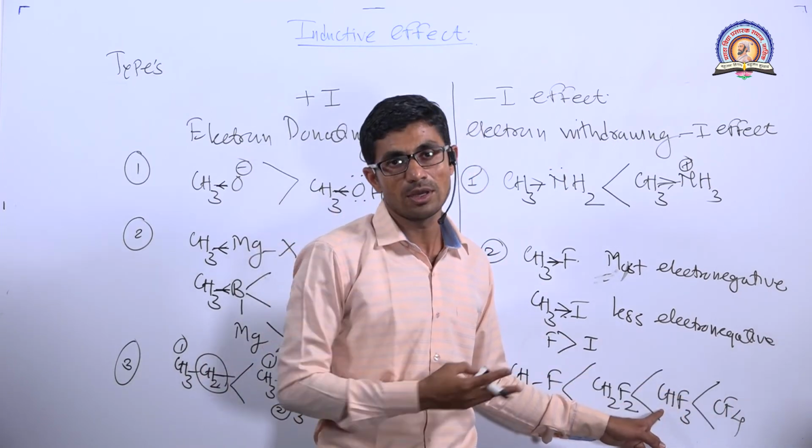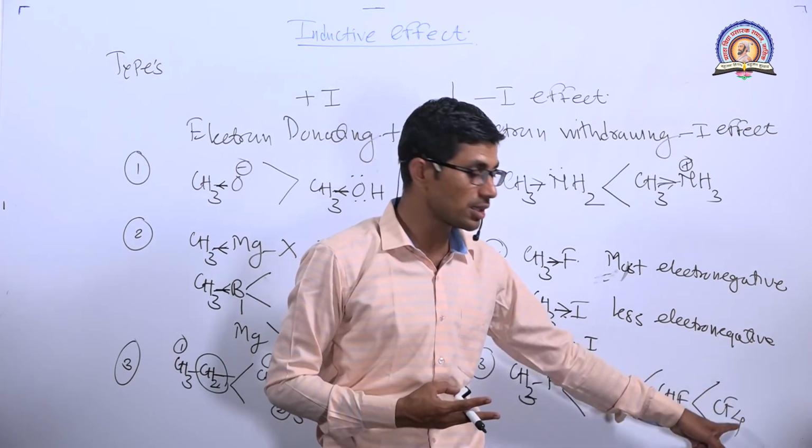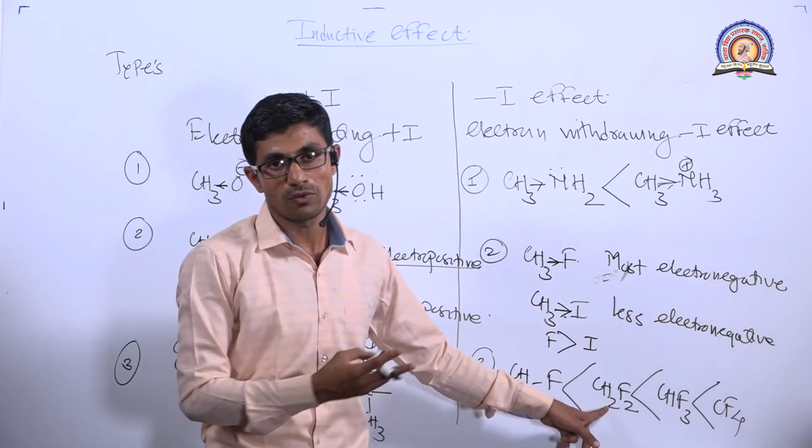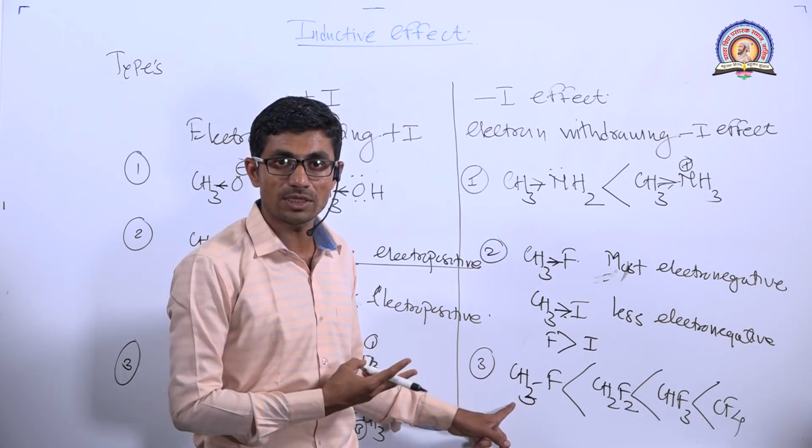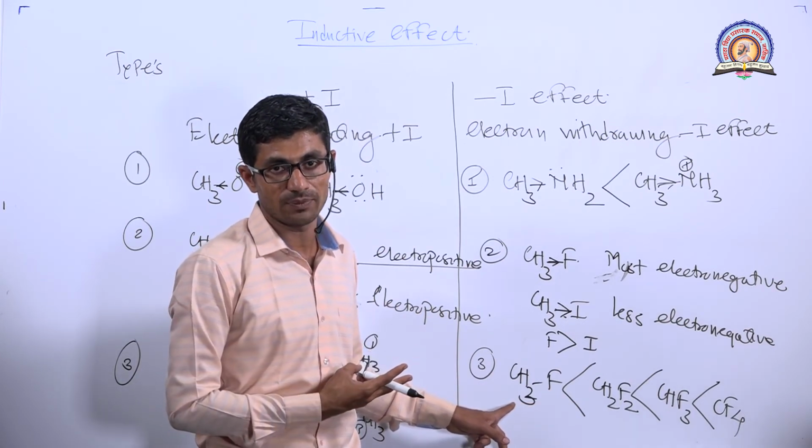Here with 3 fluorines the minus effect is decreased as compared to CF4. Here with 2 it further decreases, and here it decreases further because of only one fluorine atom.